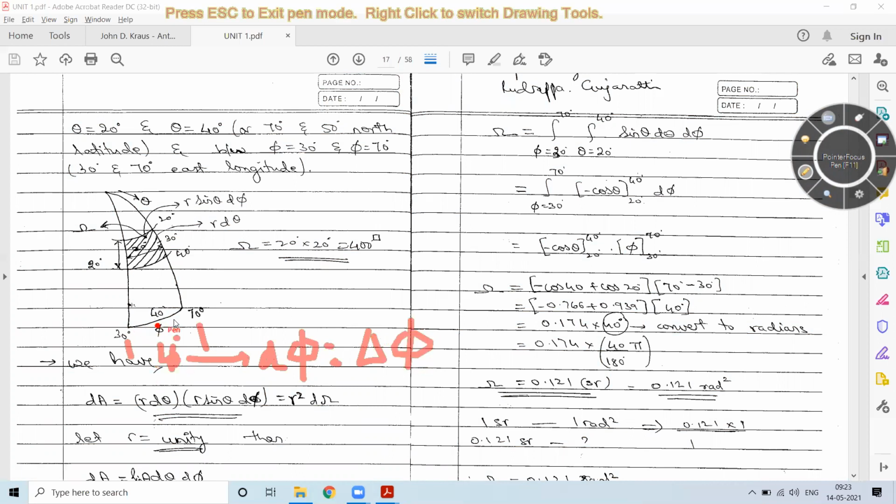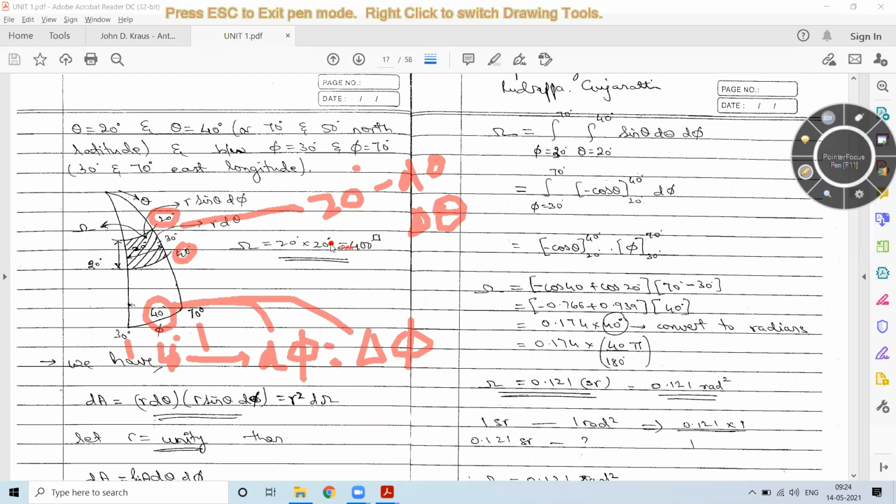So 40 degrees is the difference between these two azimuth angles, which is the d phi or delta phi value. Now, what is the d theta value? The d theta value is the difference between these two angles, 40 and 20. The difference between these two is 20 degrees. So this is d theta, sometimes denoted as delta theta.